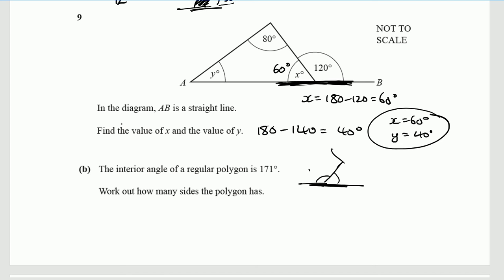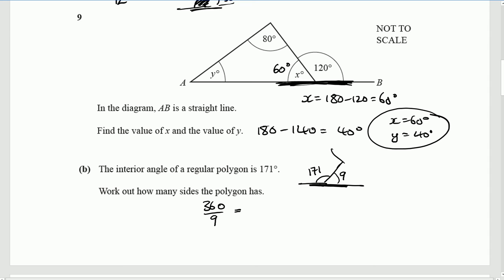If the interior angle of my regular polygon is 171, then the exterior angle must be 9 degrees. I know my exterior angles will eventually make 360 degrees, so I need to work out how many 9s I need to make up 360. This simply means doing 360 divided by 9.